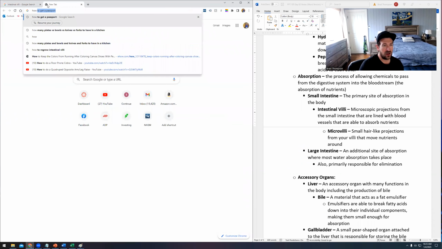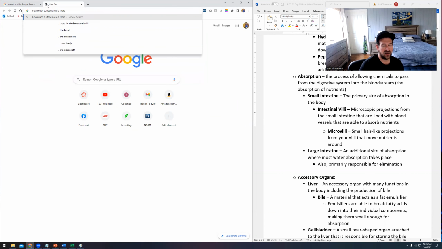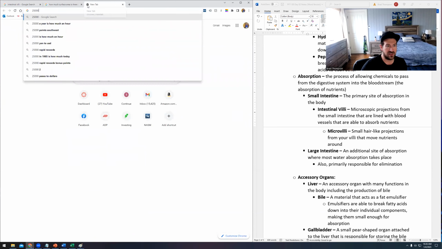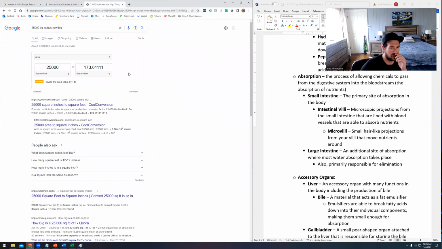Let's see here. How much surface area is there in the intestinal villi? There is about 6,000 to 25,000 square inches of tissue. So let's say here, 25,000 square inches. How big? That's 173 square feet.